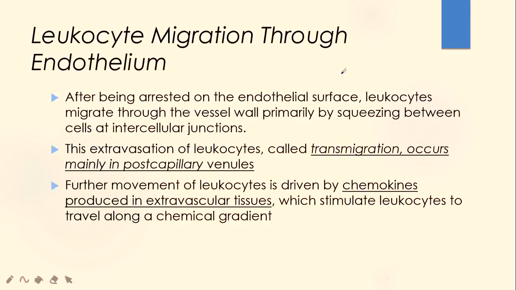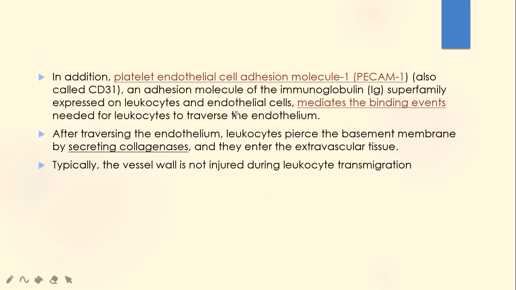Then leukocyte migration through the endothelium. It occurs mainly in the postcapillary venules, and it is driven by the chemokines which are produced in extravascular tissue. PECAM1, also known as CD31, is an adhesion molecule which is expressed on the leukocytes and endothelial cells, and it mediates the binding events needed for the migration of leukocytes through the endothelium. And how does this process occur?